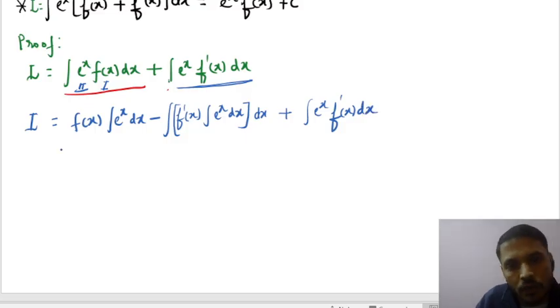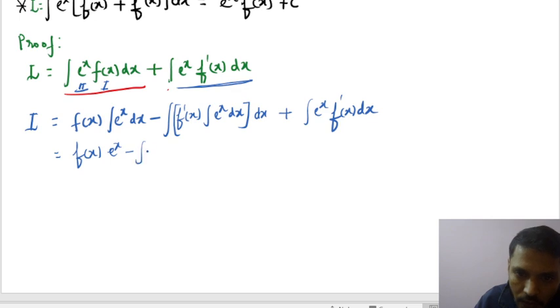All right. So now simplify this. It will become f of x, and from here e to the power x, because the integration of e to the power x we know is e to the power x only, and minus here integration of f dash of x as it is, and e to the power x integration is e to the power x into dx, and we have here integration of e to the power x and f dash of x.